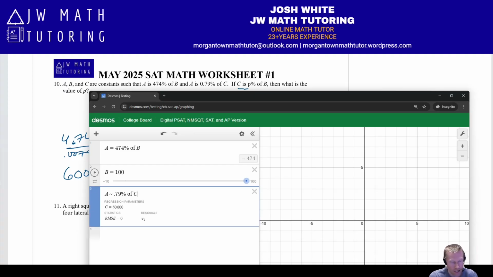So notice here I get the correct answer of 60,000 right away as C. The reason it works out like that is because I chose 100 for B. Okay? So in these percentage problems where you have something like if C is P% of B, or B is P% of C, whoever it is, for the number that you're solving for, like for the C, for the other letter, you want to pick 100 as your starting value.